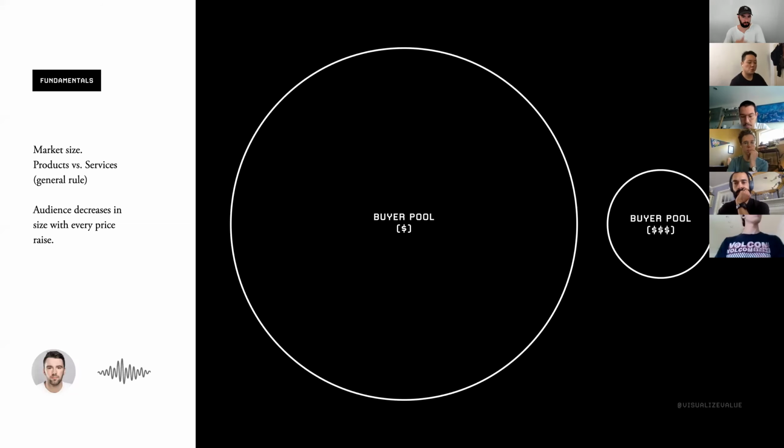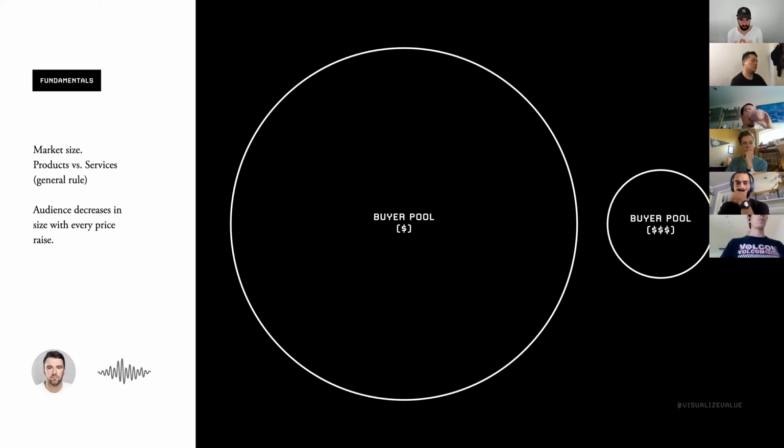Cool. Okay, so first idea here is it's really the distinction between what we're going to refer to as a low price product and a high price product. So I think for the function of understanding the concept, it's really the difference between selling a service and selling a product.